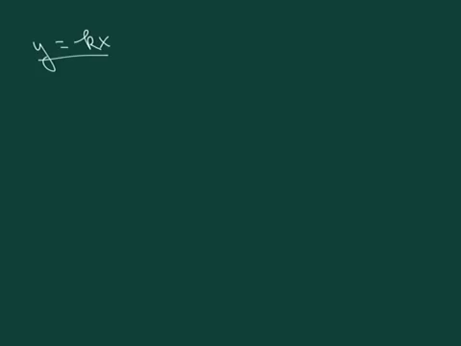So example 5, which seems kind of strange, we're starting with example 5. Suppose y varies directly as x. Okay, so they already told you it's going to be that formula. When y is 15, x is 3. Find y when x is 4.